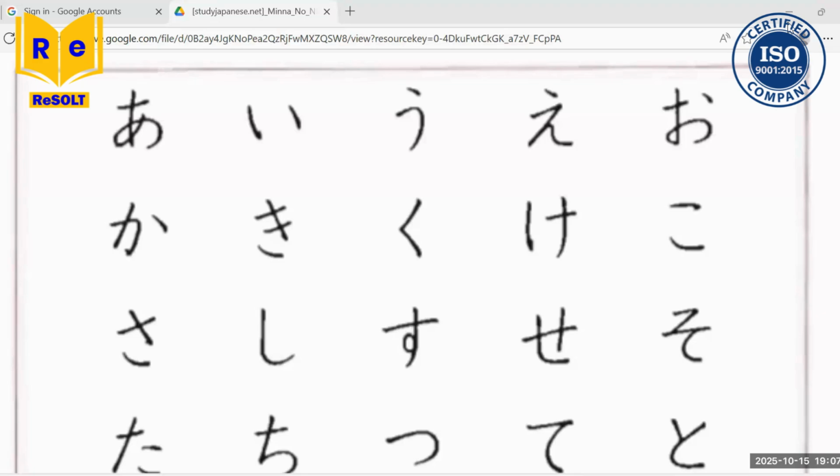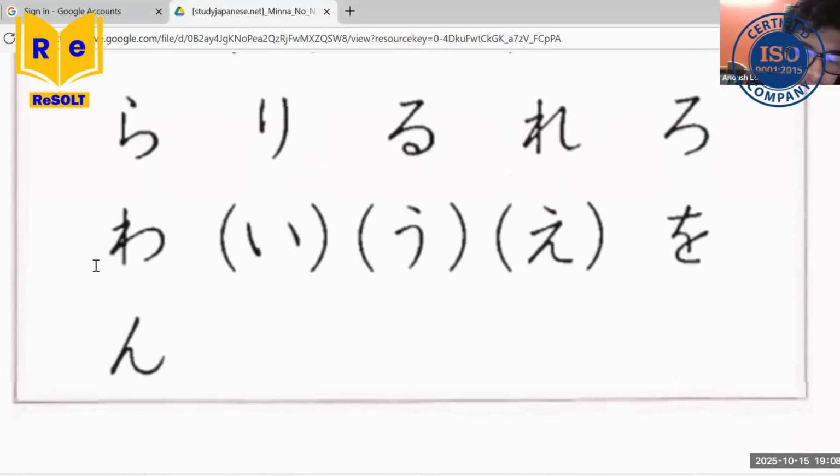First one is what we just did now. Like the first one on the top is like A. No, this is Wa. W-A. Yes. The second one is like Wo. No, wo.